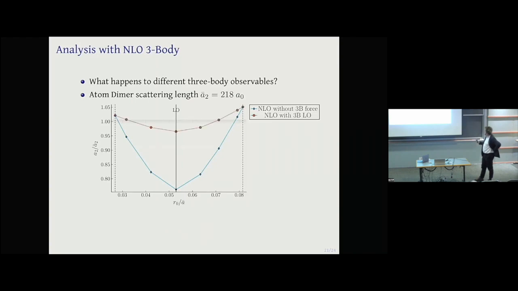Then if we add to the next-to-leading order the three-body force, which comes from the leading order, we get better results, but still we are far. And as we expect, we can fit this new observable inside the band.